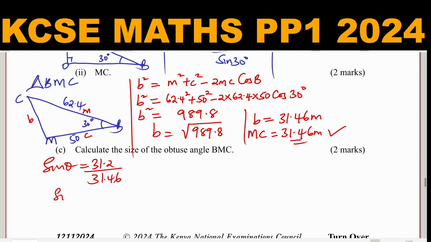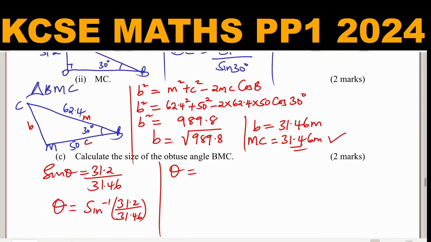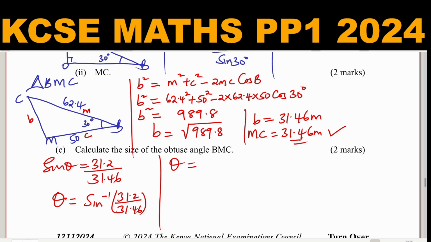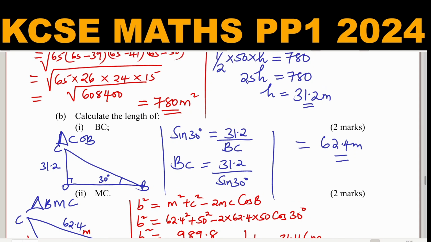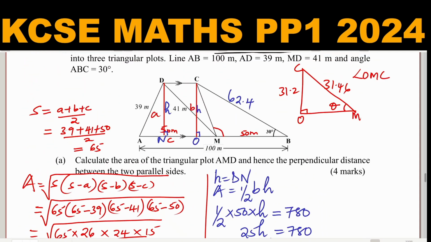To get theta, this angle, you simply need to get the sine inverse of 31.2 divided by 31.46, and using a calculator, this will give 82.63 degrees. So what we have already obtained is this angle that is here, 82.63.